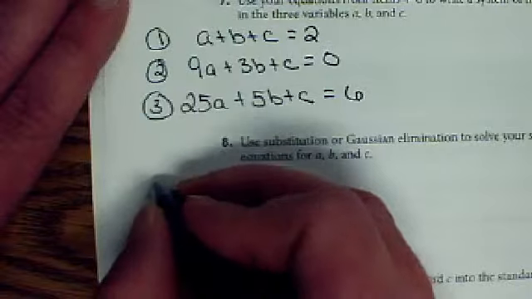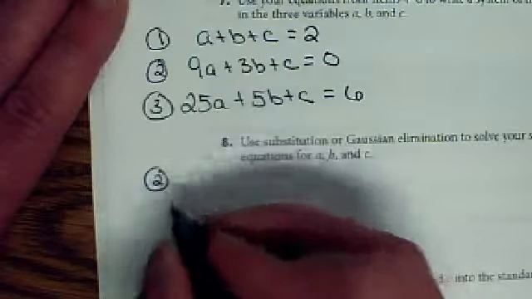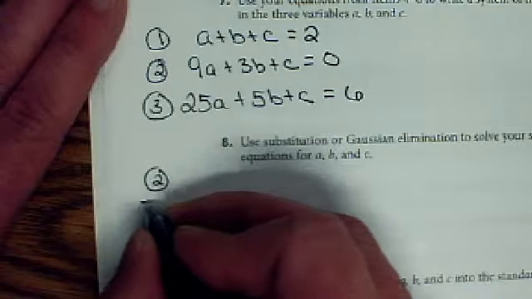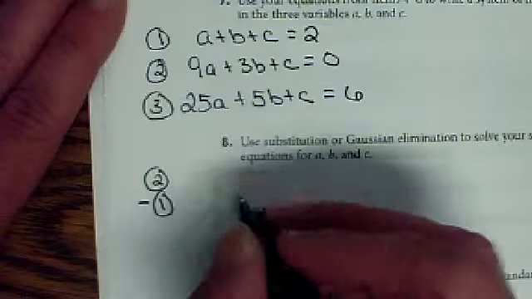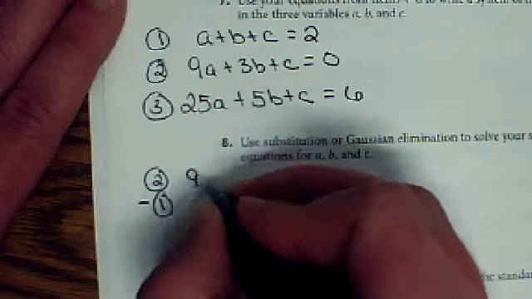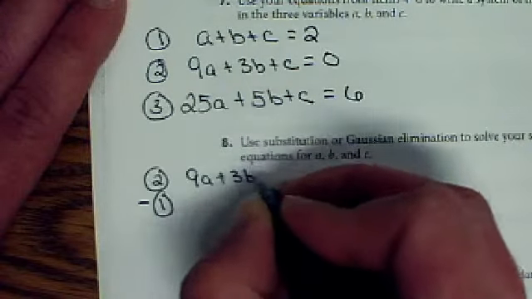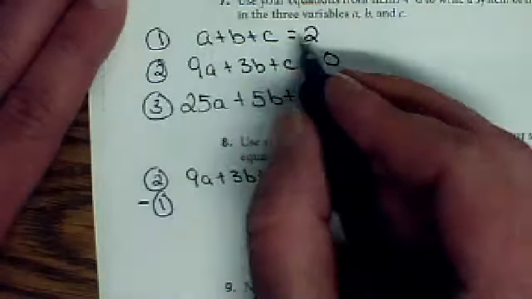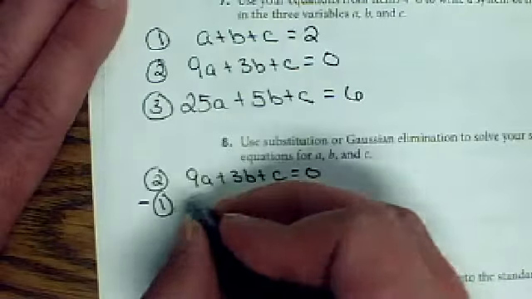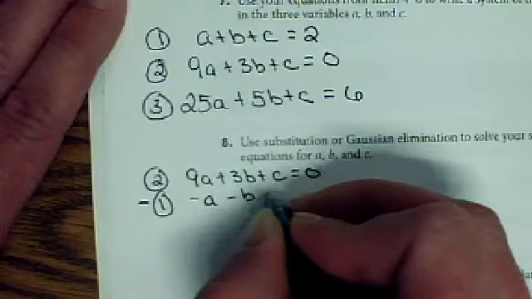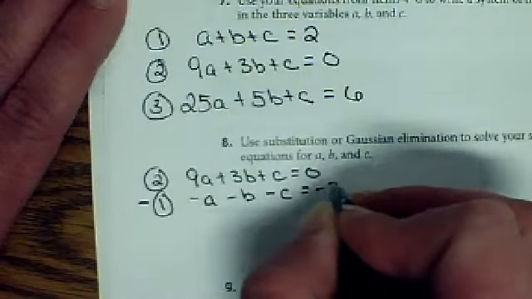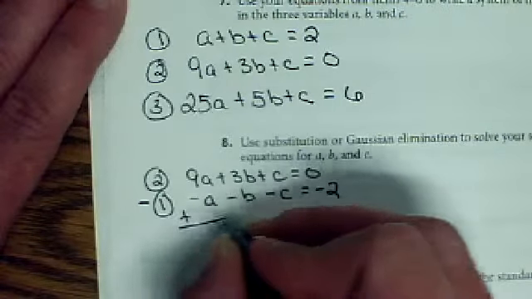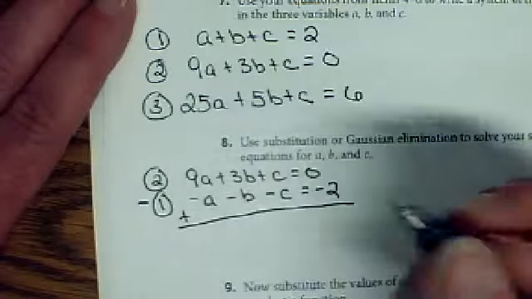So let's take equation 2 and then make equation 1 negative. So equation 2 was 9a plus 3b plus c equals 0. And if I take the opposite of equation 1, make it negative a minus b minus c equals negative 2, then I can add the 2 equations together.